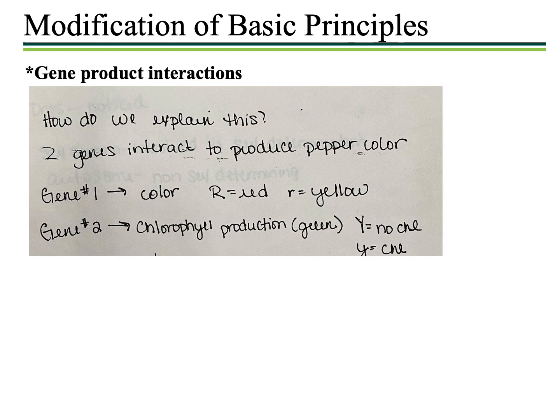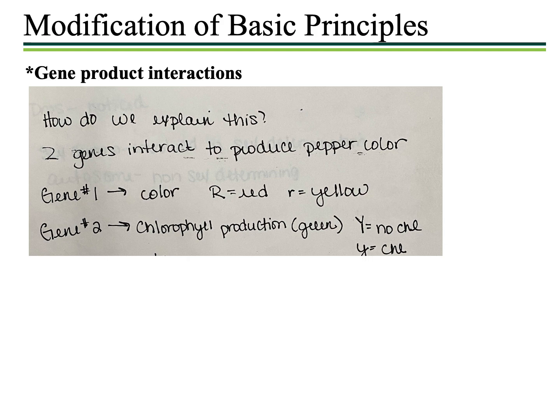The second gene in this gene product interaction example is a gene that's involved in chlorophyll production. Now, this is specifically chlorophyll production in the pepper. It is a classic dominant-recessive relationship. And in this case, we're going to use the letter designation Y. The dominant is actually to not produce chlorophyll in the pepper.